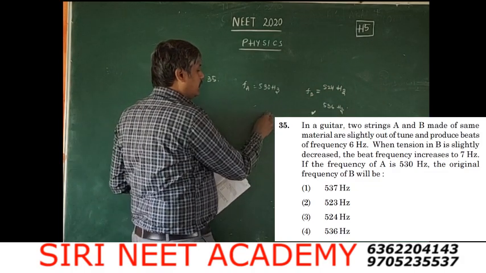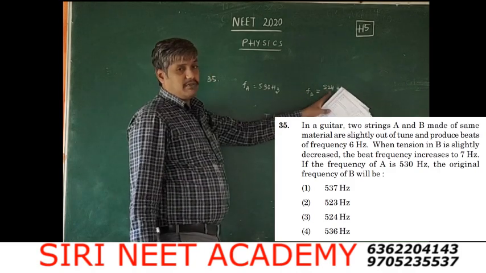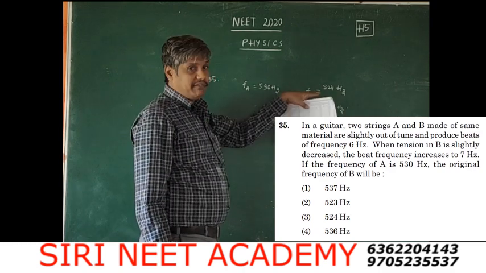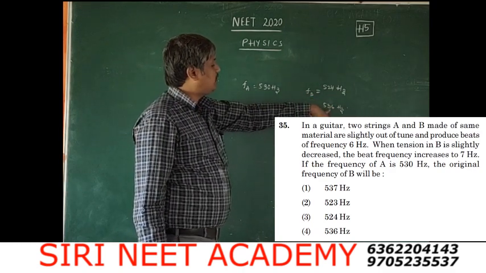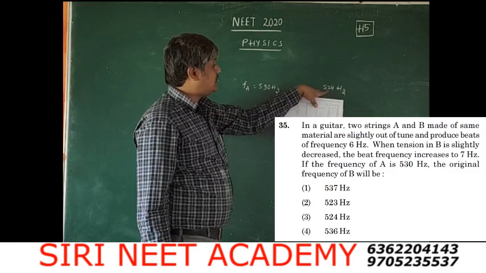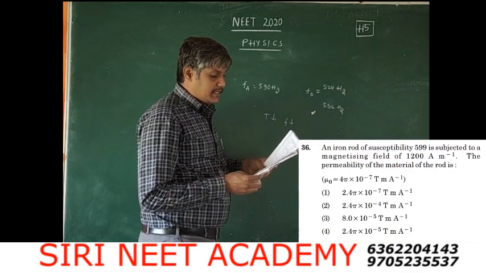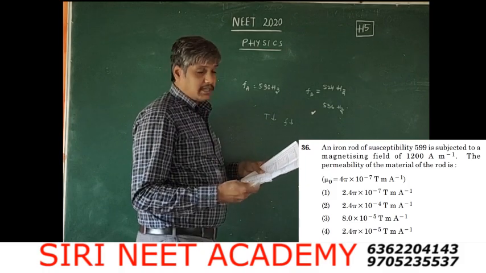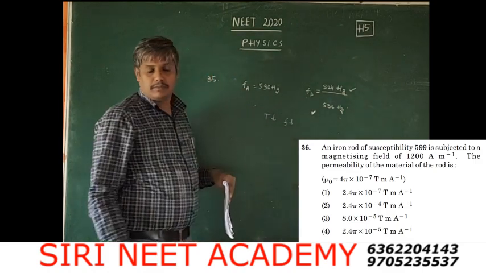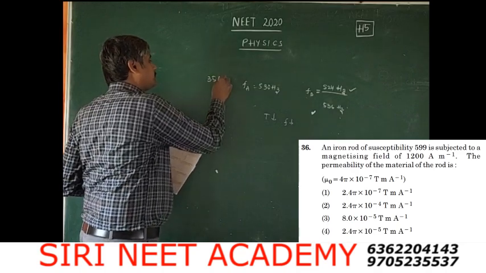If it is 524 and it decreases further, the beat frequency increases. If it is 536 and it decreases, the beat frequency decreases. In the first case it increases, in the second case it decreases. But in the problem they said it increases to 7 Hz, so it is increasing. So definitely this should be the answer. The option corresponding to this answer is third.